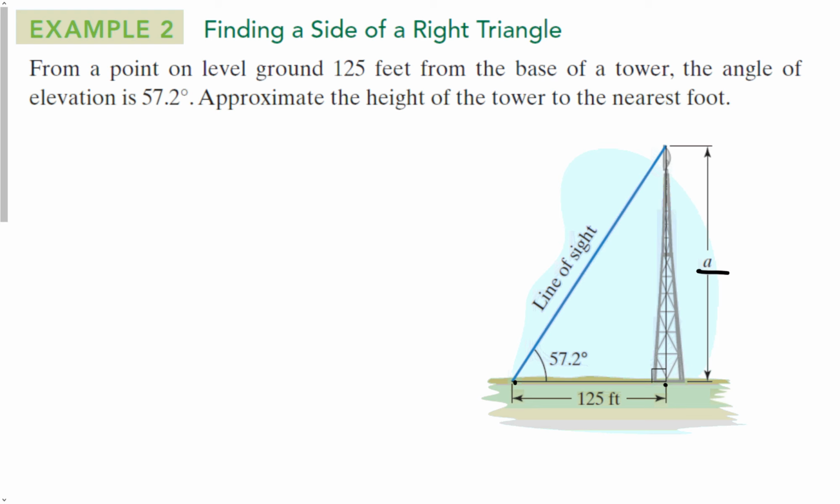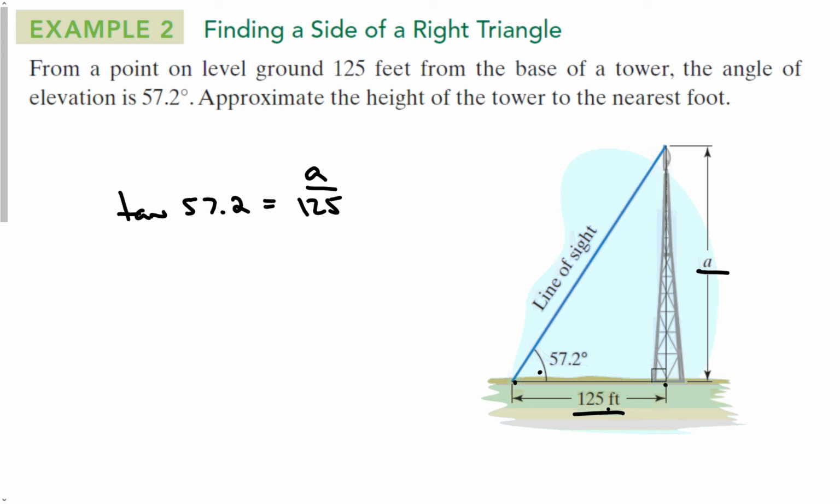I want to know that. I know this angle. That is the opposite and adjacent. So the tangent of 57.2 is equal to the opposite over the adjacent. Okay.